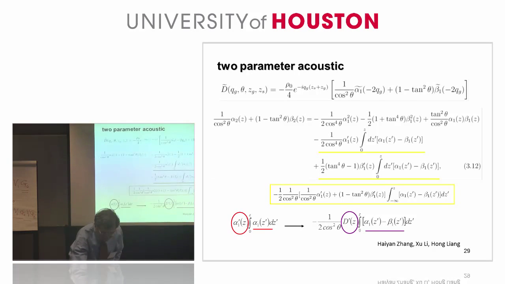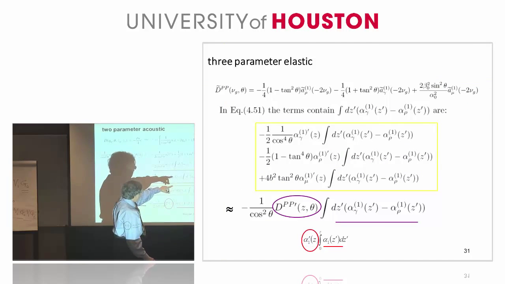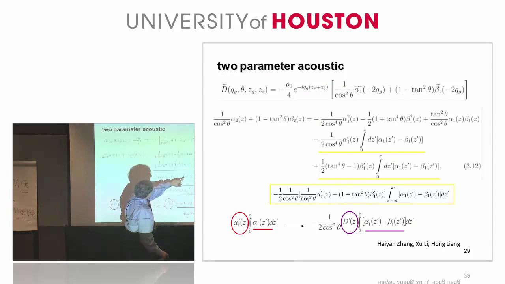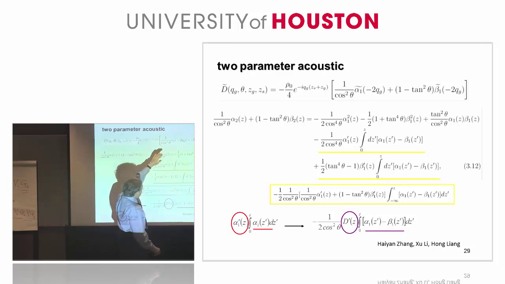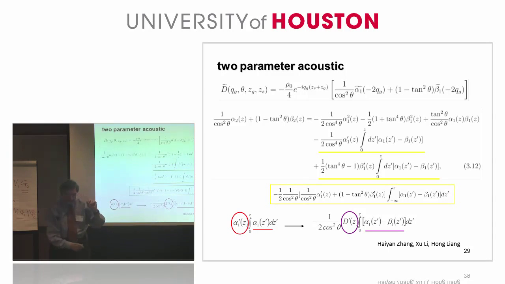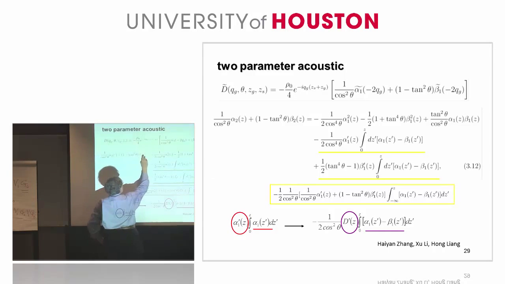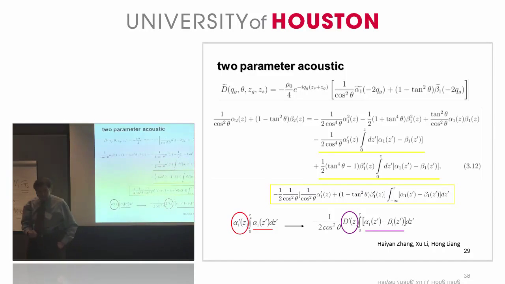The integrand, please remember, is alpha 1 minus beta 1. You find alpha 1 minus beta 1 from that. You give me data at two angles, and I solve for alpha 1 and beta 1, because they don't depend on data. You give me data at theta 1, I write down theta 1, theta 2, and so on, and I solve two equations for alpha 1, beta 1.